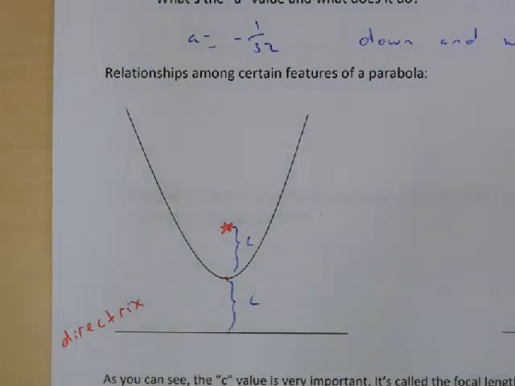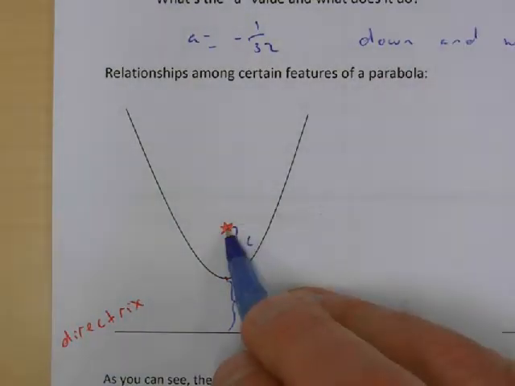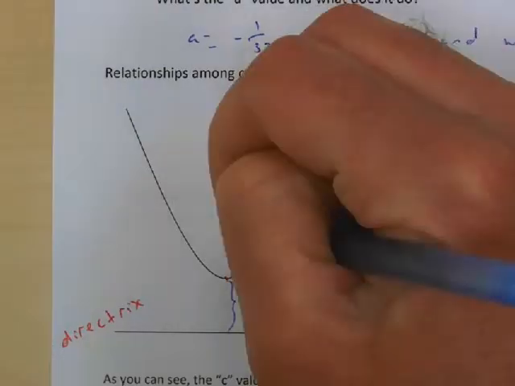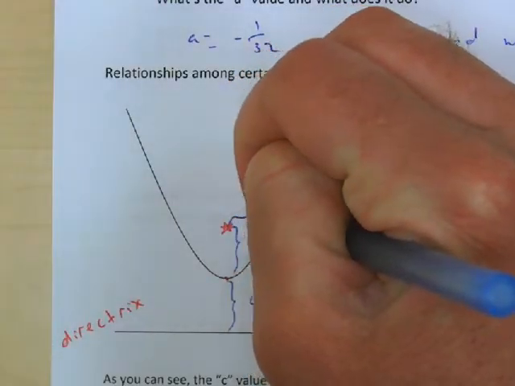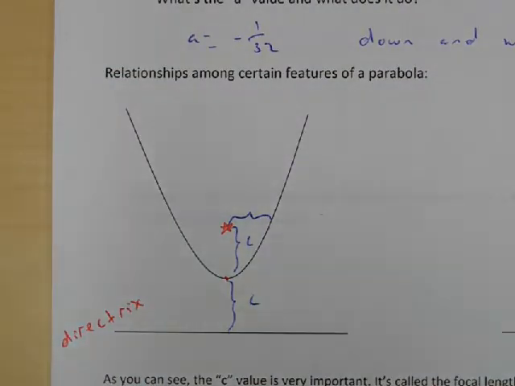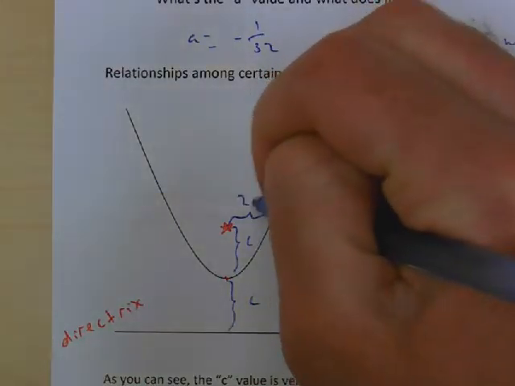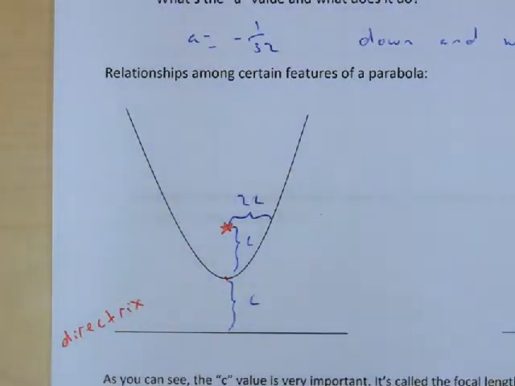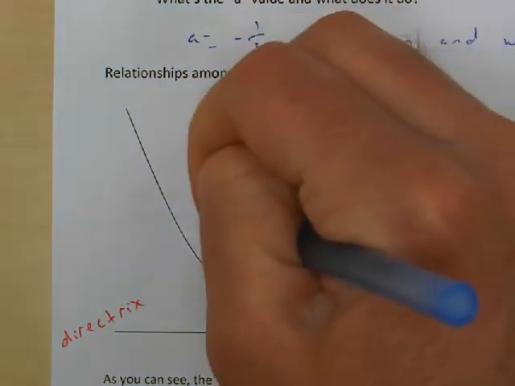Now, if I go straight to the side from my focus to the edge of my parabola here, something must have changed. I think I might have changed the font. Sorry about that. But this distance here is always going to be 2 times my focal length. And same thing going the other direction.